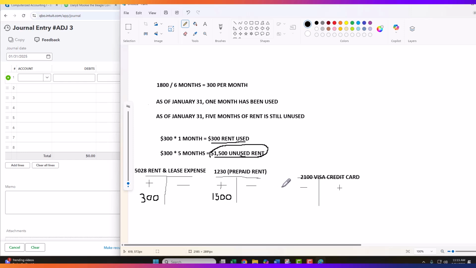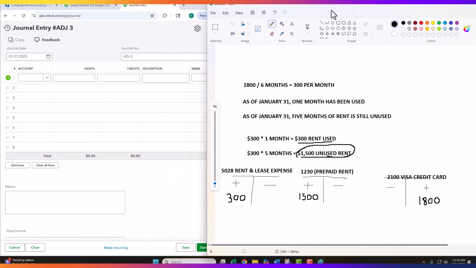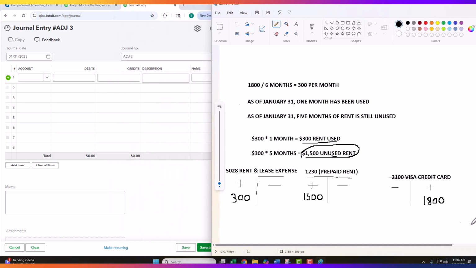And then finally, the business never recorded that they had paid for this rental locker, so the Visa credit card apparently was never charged for that amount, so we're going to place that $1,800 in there. So we are going to reflect what we did in these T accounts in the adjusting entry.